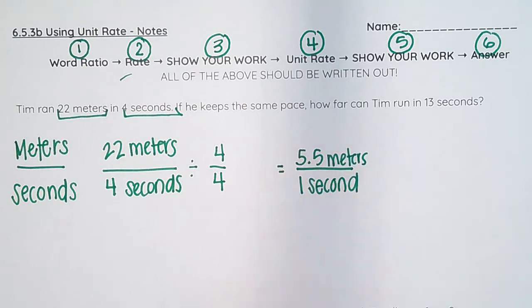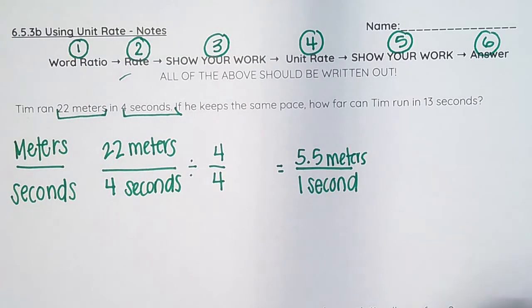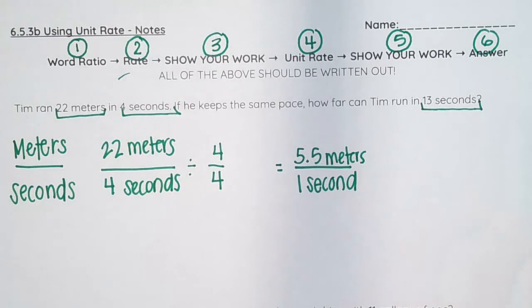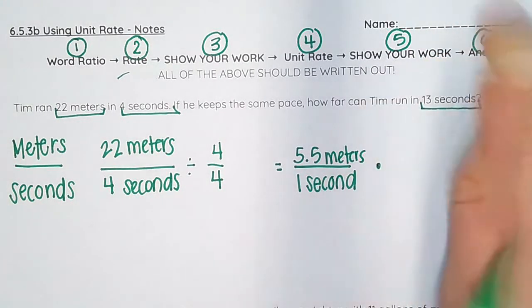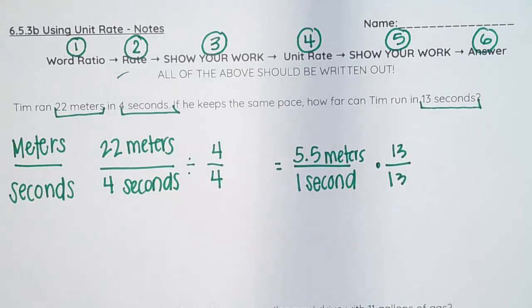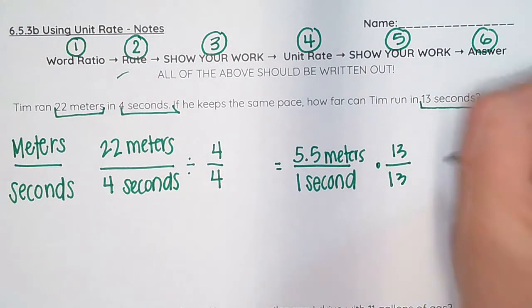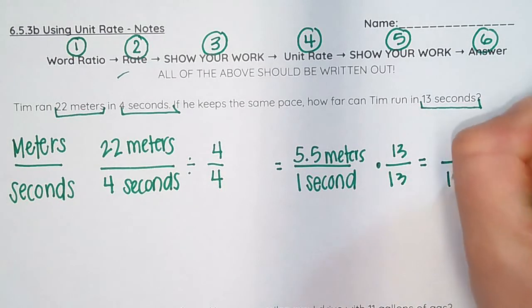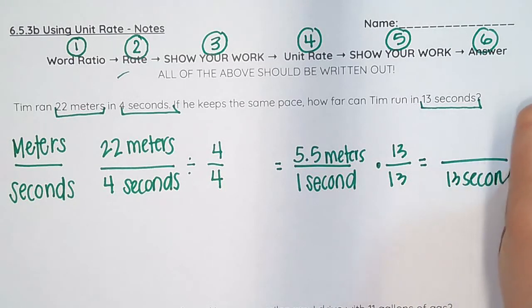Now from here, I can take this unit rate and multiply it by anything to see how far Tim ran in any number of seconds. In this case, it's asking me how far he ran in 13 seconds. So step 5 would be to multiply 13 over 13. 1 times 13 we know is 13 seconds.